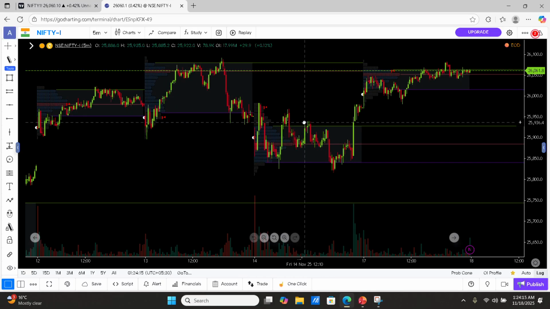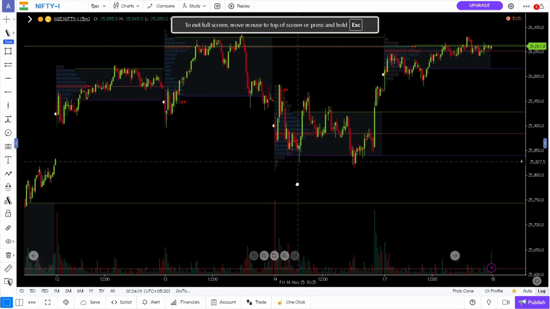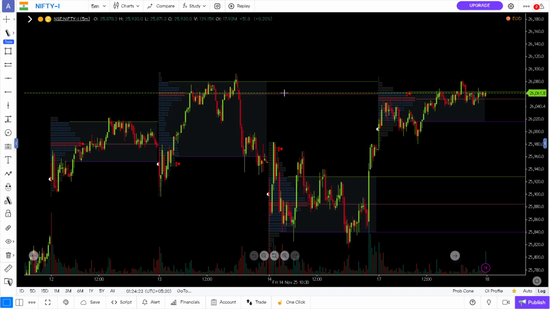But the thing to notice here is that it has not created or closed beyond this level. That gives us a hint that the market is still not fully bullish.